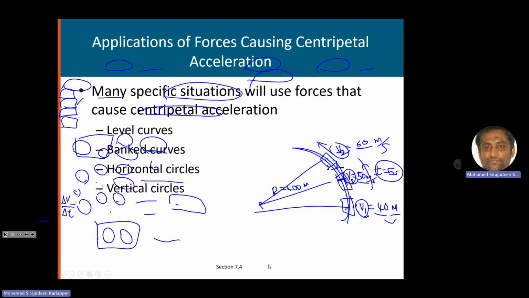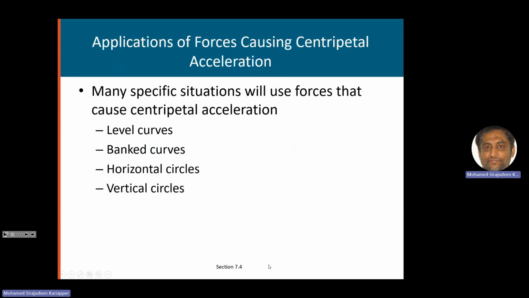We can move on to give more application of this centripetal acceleration and the centripetal forces. There are very interesting specific situations where we will be using this knowledge. In a level curve, what do you mean by level? Level means flat, okay?